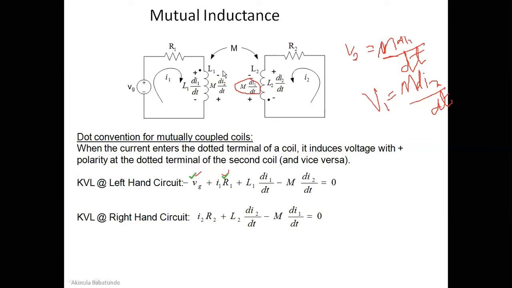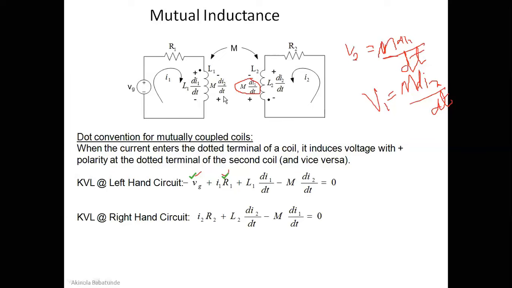What about L1 now? Now we are dealing with voltage, all right? So you can see L1, we are coming this way. So what we would have here is L1 di1/dt, and then for our current we have M di2/dt.